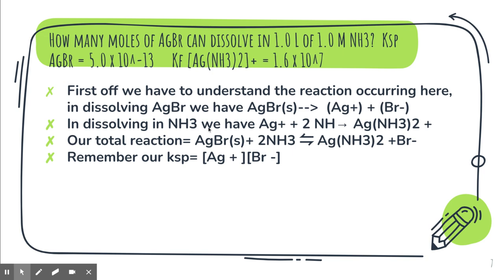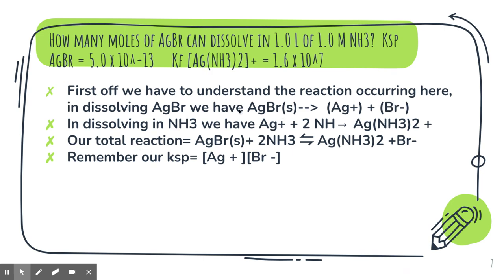So the silver ions combine with 2 NH3, which results in the formation of the complex ion that we are dealing with, plus the bromide ion.